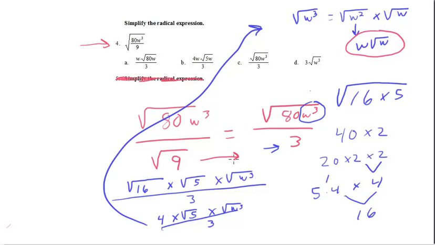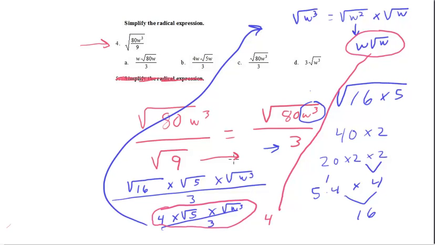So now what do I have left? I've got 4 times the square root of 5 times the square root of w cubed. So I'm left with 4. I brought this w out, but I also had this.